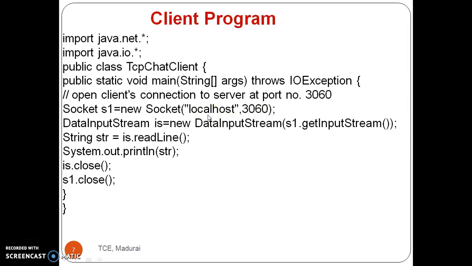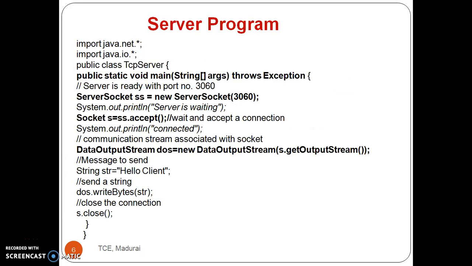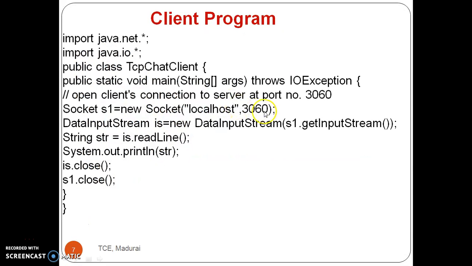Always we need to pass the IP address of the server here. Then we need to pass the port number here. This is the value 3060. The same value we pass for server socket needs to be used here. Then only both server and client can be connected.